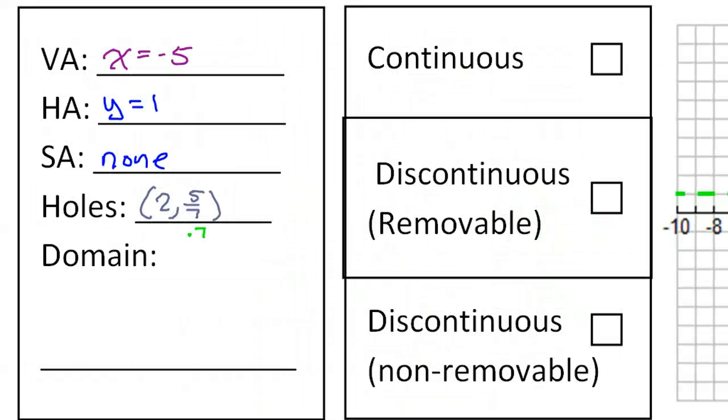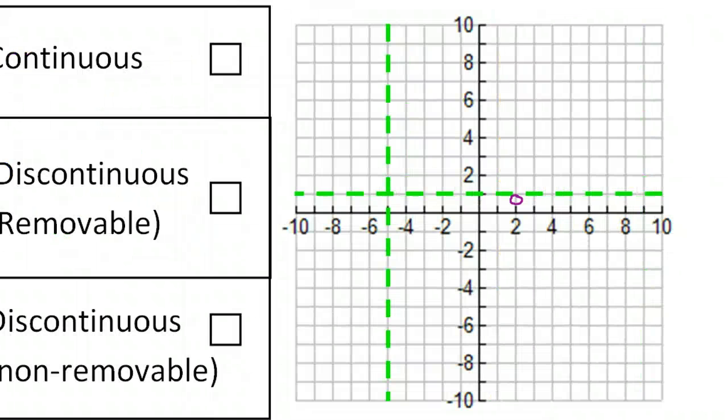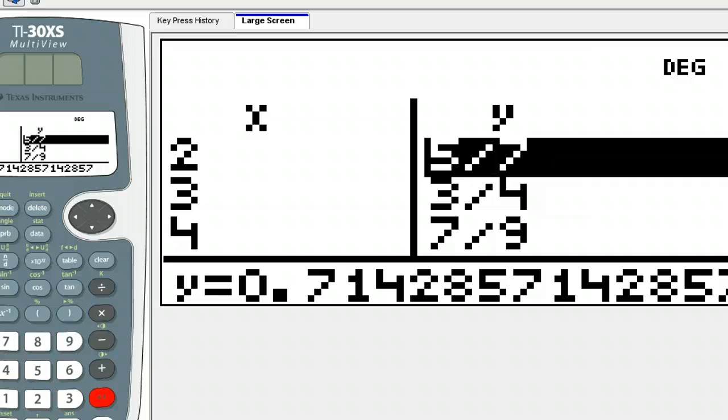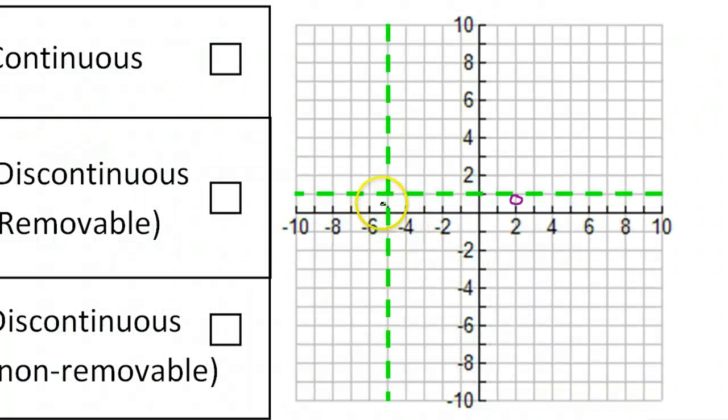Okay, so at this point it would be a good time to go ahead and get some points going. Let's look at a table of values and get the graph going. I really can just continue to use this, keeping an eye on my vertical asymptote. Let's get a couple points to the left and a couple points to the right.